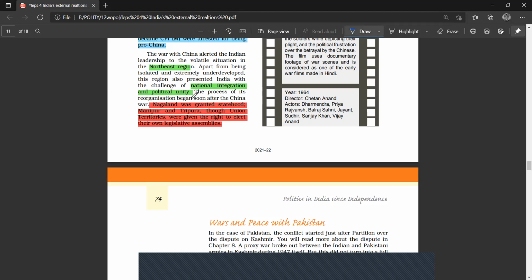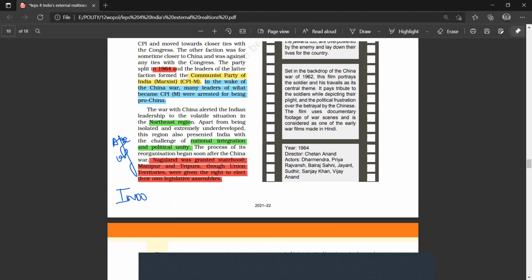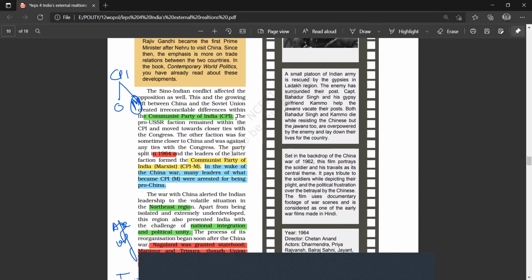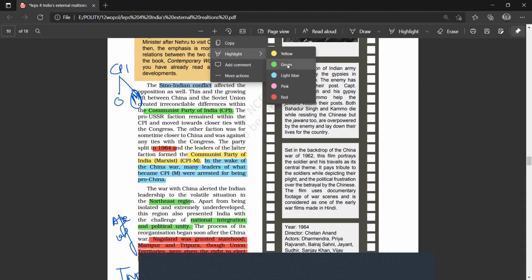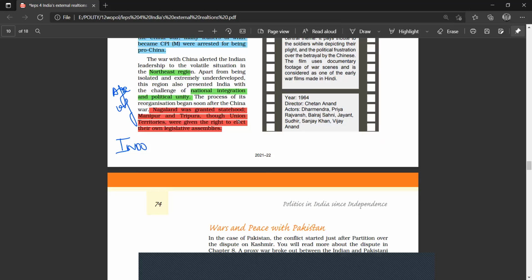This is what we can call the after effects of the Sino-Indian conflict. Yes, this is the name we can call it, the Sino-Indian conflict. What happened after the Sino-Indian conflict?